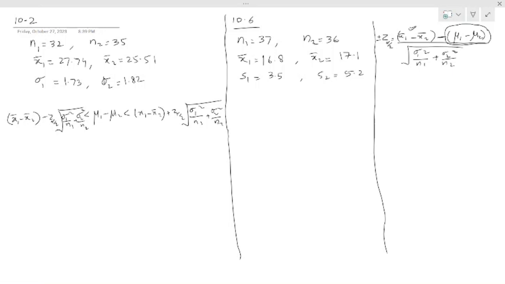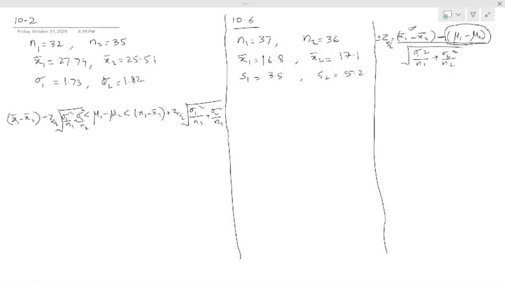The sample size taken from accounting graduates was 32 and from liberal arts graduates was 35. They were asked about their annual starting salaries, at what salary they started their first job, and this is mentioned in thousands of dollars.